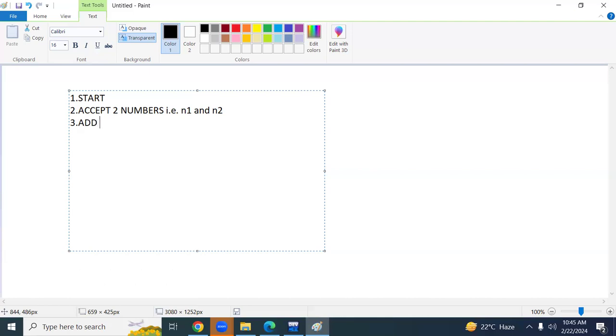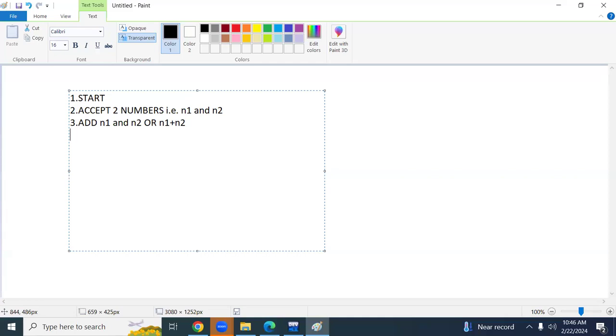Add n1 and n2, we can say like this, or we can write like this also. Add, suppose n1 plus n2 also. But more precisely, we have to write it algorithm wise. Algorithm wise means a little bit theoretical, not exactly the operations.